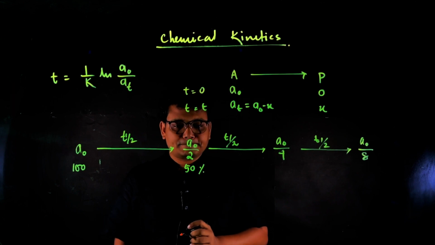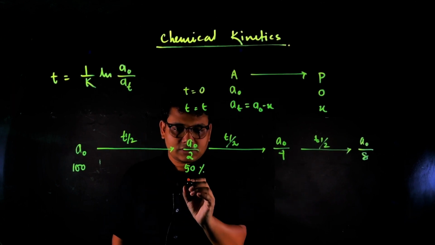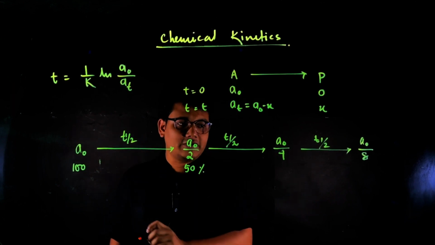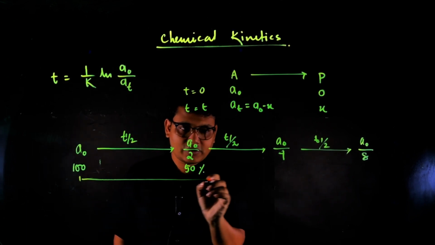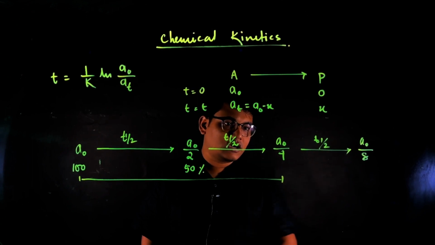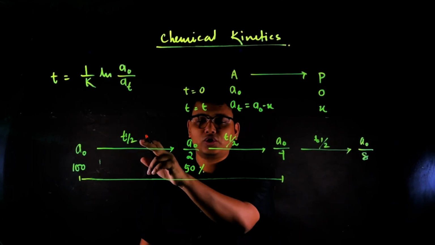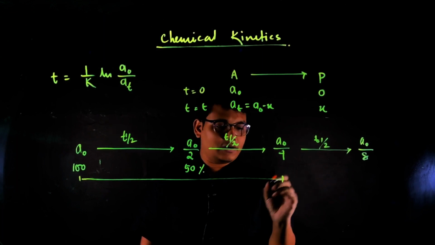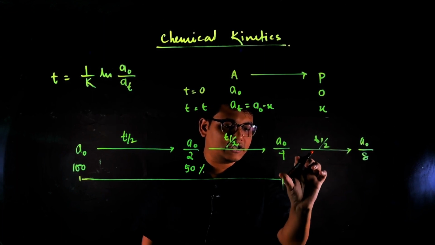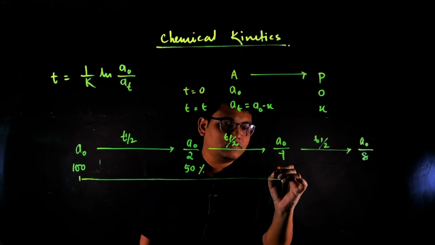Now see, here the time required is t half, and from A0 up to A0 by 4, we require 2 t half. So the percentage of the reaction completed here: 50% will become 75%.